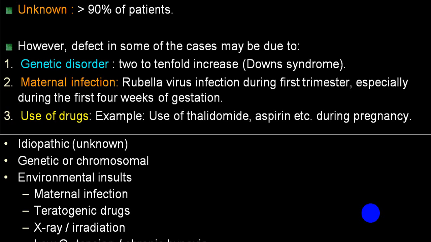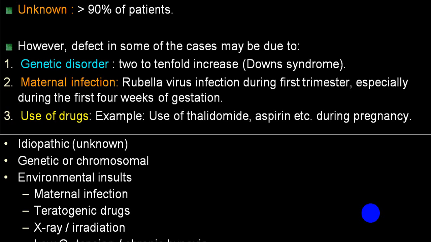Genetic factors, as in Down syndrome and many other genetic disorders, carry a very high incidence. Maternal infection, we already mentioned rubella in the first trimester. Use of some drugs, particularly thalidomide, aspirin, and anti-epileptic drugs, particularly sodium valproate. Environmental factors include maternal infection, teratogenic drugs, irradiation, X-ray exposure, and hypoxia.